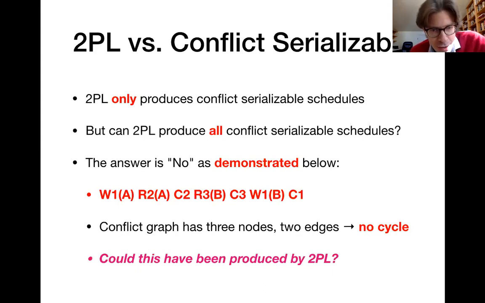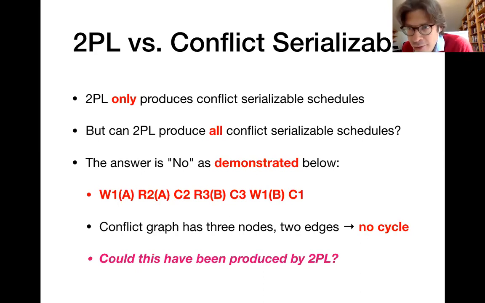Now things continue. Here we have the commit, and now transaction 3 is reading object B. So clearly at this point, transaction 3 must have a read lock on object B, and then it commits. And now transaction 1 writes to object B. That means that at this point, transaction 1 would need to have a write lock on object B. Now the question is, could it have had that lock since transaction start?